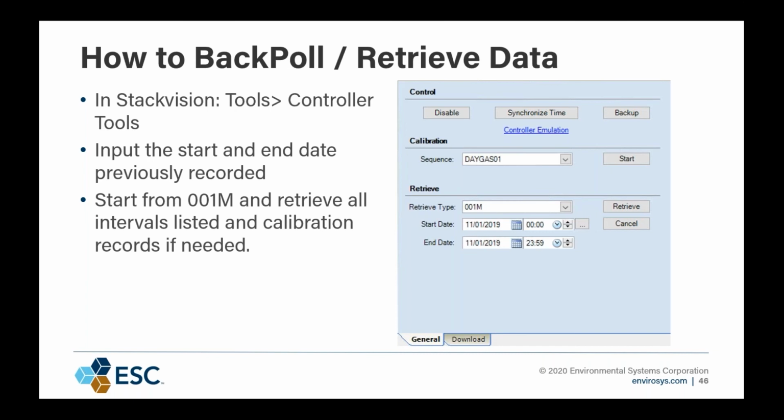So I would usually start off at 1 minute, go up to 15 minutes, and 1 hour, and so forth. And even if your calibrations are in, I would still backpull those just in case. Just something I've grown accustomed to.